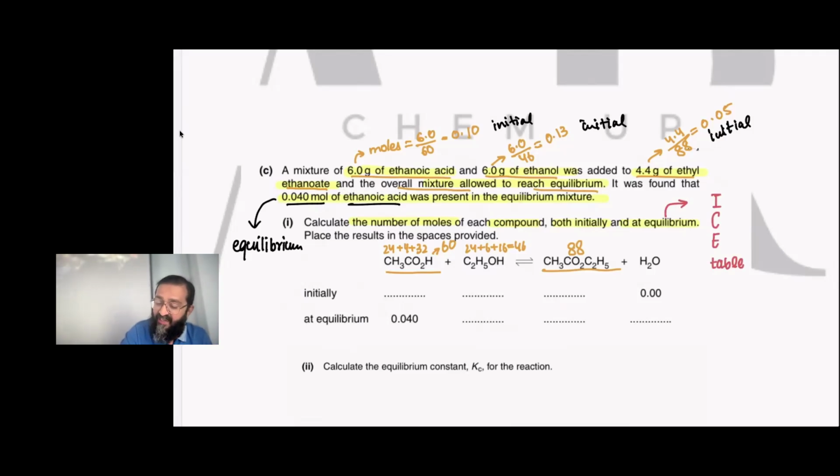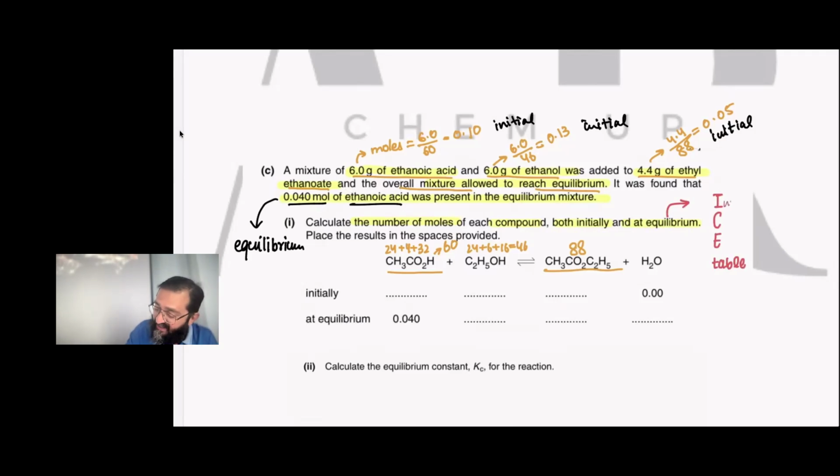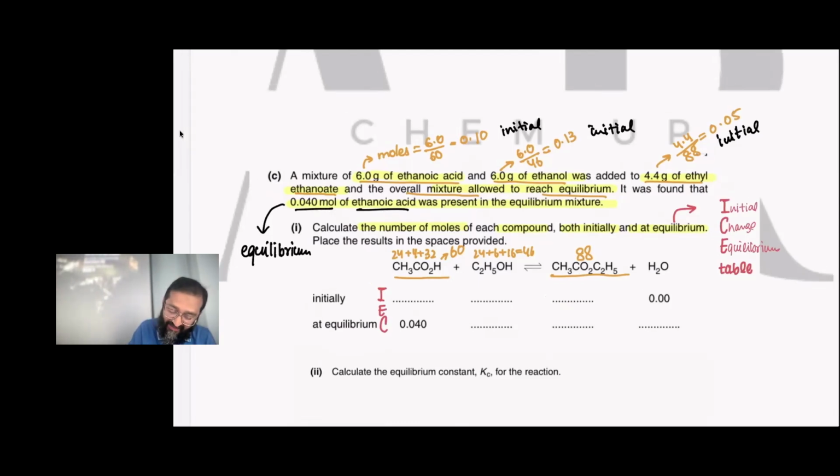Okay, so what does ICE table stand for? That's what we discussed in the last class as well. It is initial, change and equilibrium. So over here, if I draw the ICE table, I have I over here, C over here, and E needs to be in the middle. Oh, sorry, my bad. C in the middle, the change, and E is over here.